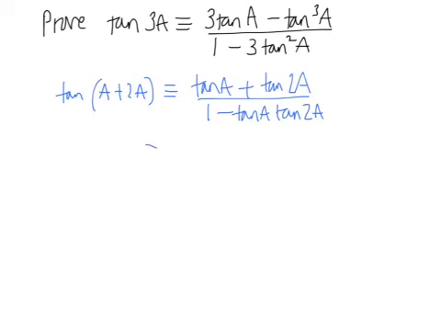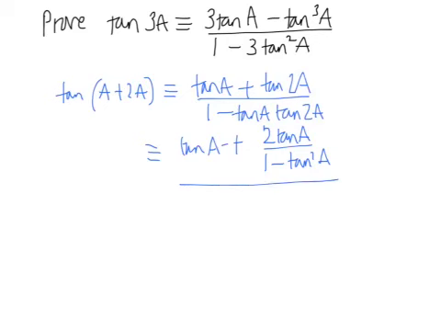So we're going to have tan of a plus, now tan of 2a is 2 tan a over 1 minus tan squared of a. So we've replaced that tan 2a on the top. And similarly on the bottom we've got 1 minus tan a multiplied by tan of 2a. So we've got tan of 2a over 1 minus tan squared a.